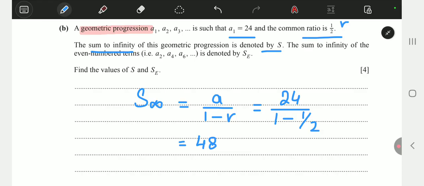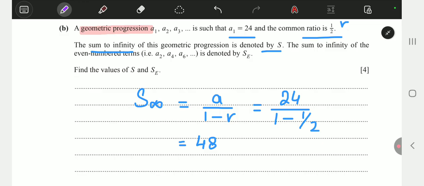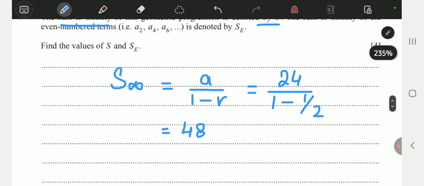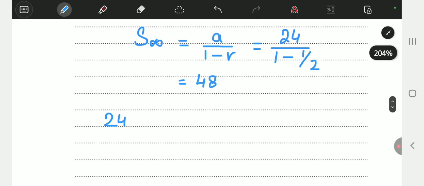Now they are talking about a different progression that is composed of even numbered terms for the previous given progression. So the thing is, let's first write down that progression. Okay, we had the first term to be 24. Then what is your common ratio? 1 over 2.